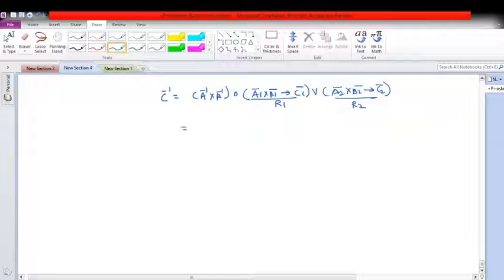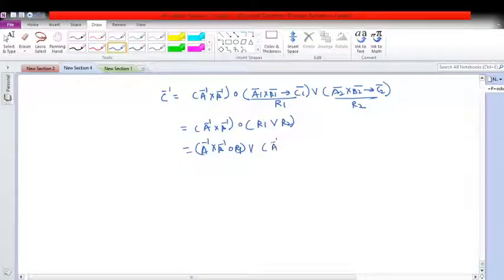So you can write this as A bar dash coupled with B bar dash, composition with R1 or with R2, and you can use the distribution property and write it as A bar dash B bar dash with maximum composition on R1, or A bar dash cross B bar dash maximum composition with R2.